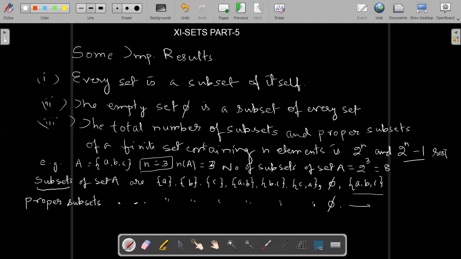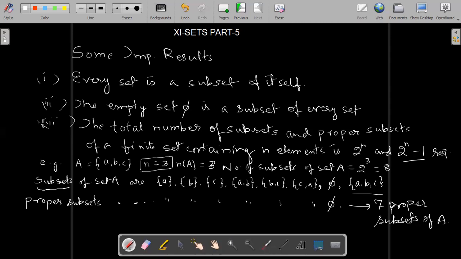The total is 7 proper subsets. There are 7 proper subsets of the set A.